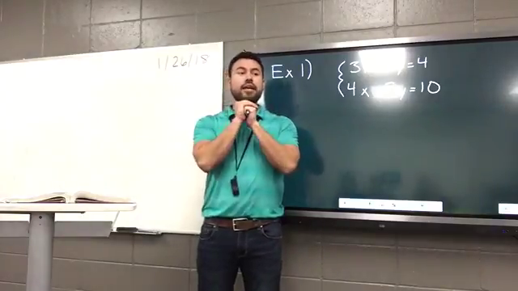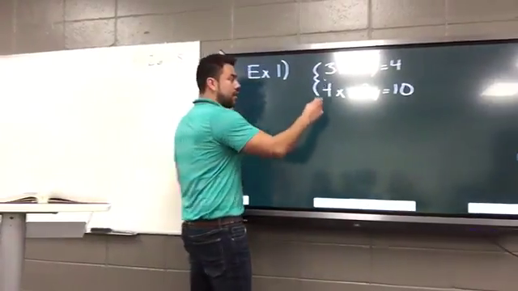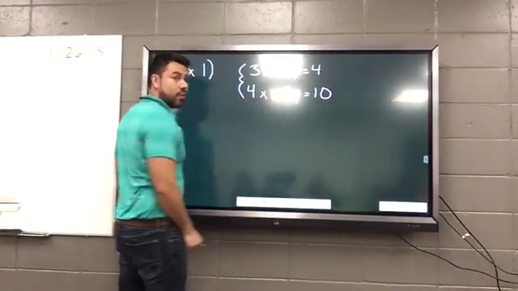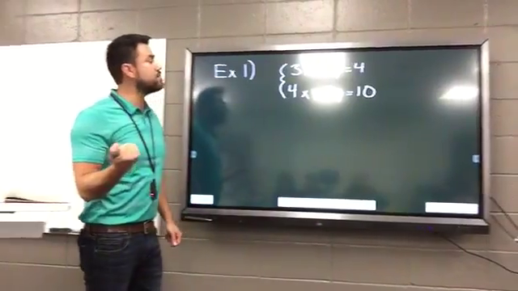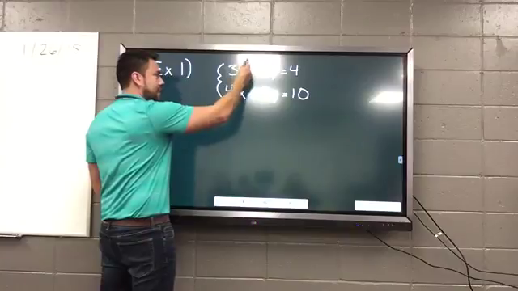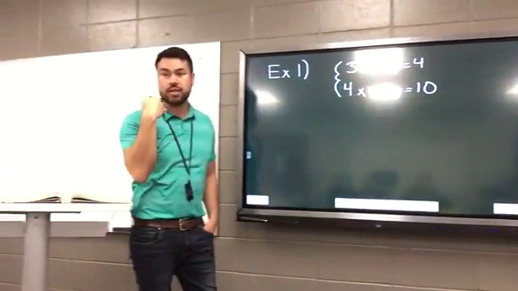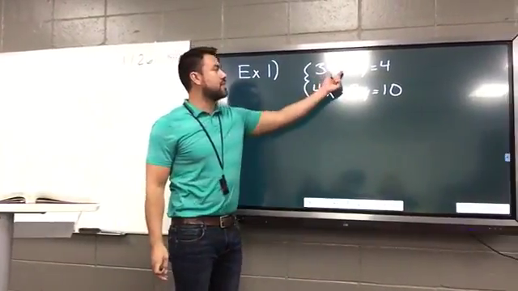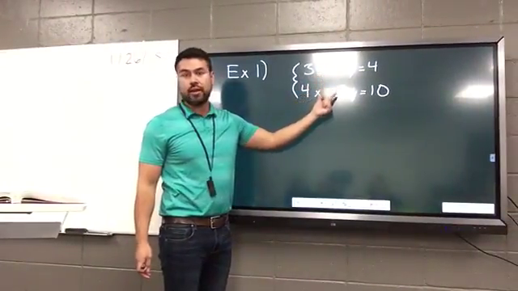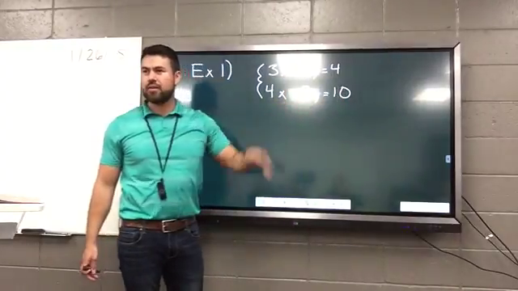Okay, ready? Let's see if you guys can see it, and I'll point it out several times in this lesson. The reason I'm allowed to add these 2 equations together like we did in that last lesson was, look at the top equation again. Am I allowed to add the same thing here as I am there? So am I allowed to add the same thing to both sides? What if I add to this side 4x plus 2y, and to that side I add 10? Is that proper?